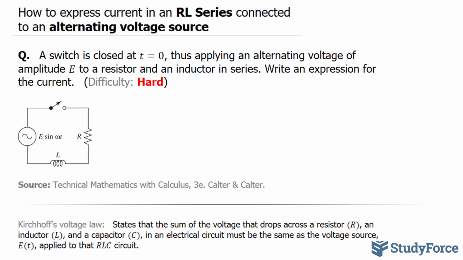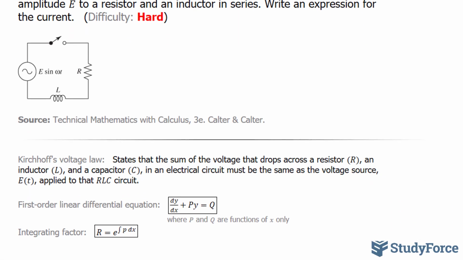The first thing we have to do to answer this question is refer back to Kirchhoff's voltage law, which states that the sum of the voltage drops across a resistor R, an inductor L, and a capacitor C in an electrical circuit must be the same as the voltage source E(t) applied to the RLC circuit.